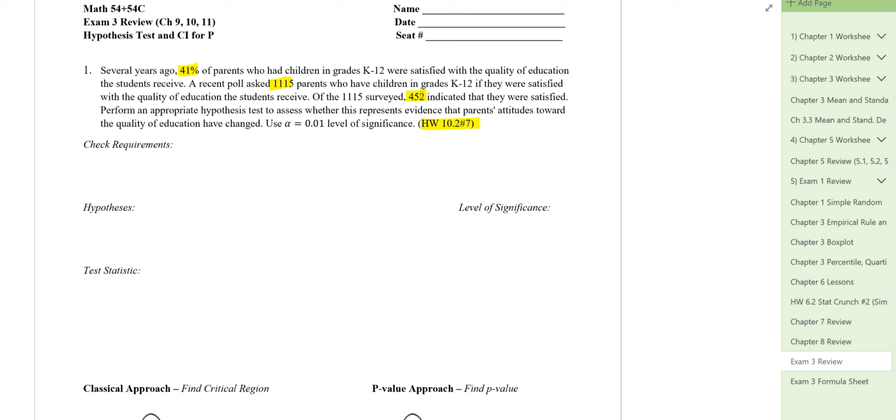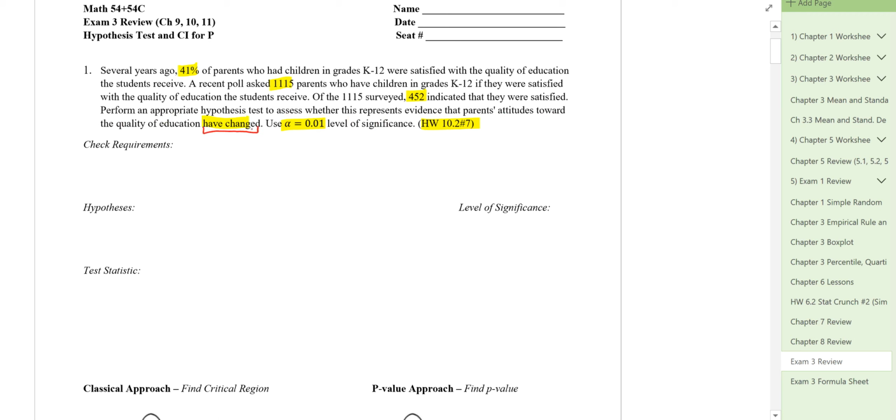Using alpha equal to 0.01 level of significance, we're going to test whether this represents evidence that parents' attitude toward quality of education has changed. The keyword here is "has changed."